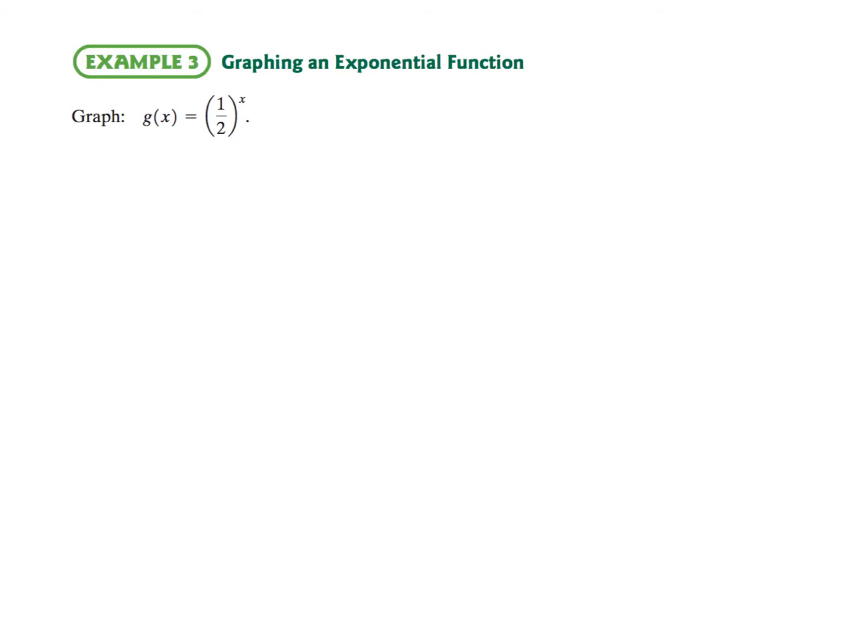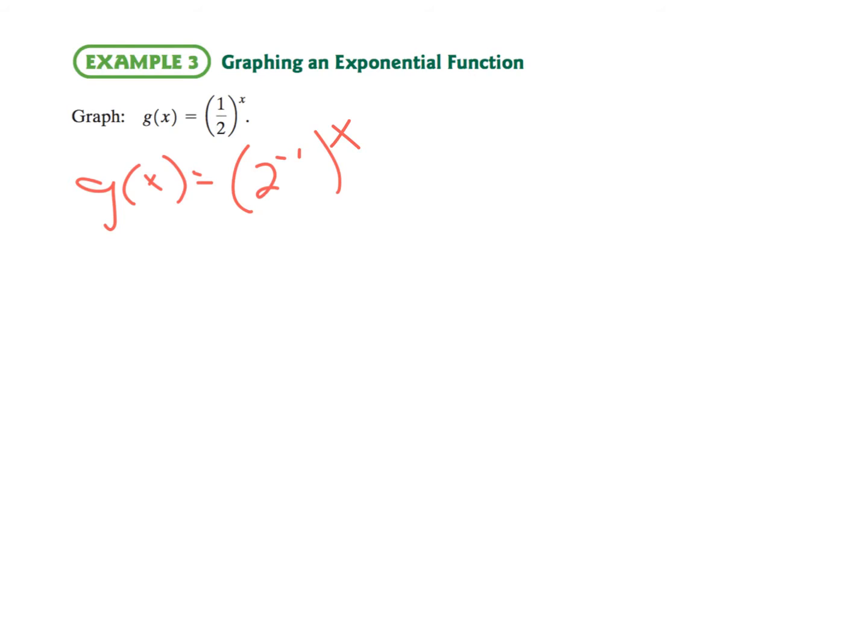Graphing g of x equals 1/2 raised to the x power can be done exactly the same. You could create a table of values with 1/2 raised to the x value for various x's, but first what I'd like to show you is that we can work with numbers that we like a little better, by manipulating g of x a little bit. G of x is also equal to 2 to the negative first power, raised to x.